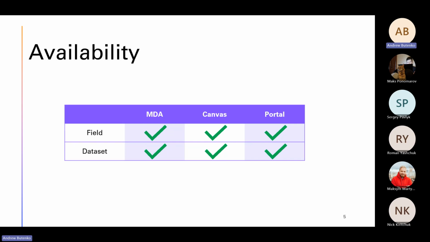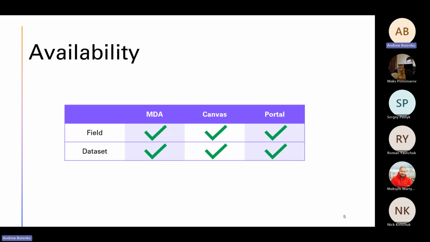We can create our rich visualizations using whatever framework you would want, but obviously React is my weapon of choice in this case. But it's possible to create controls for any type of application: model-driven apps, canvas, and portal.